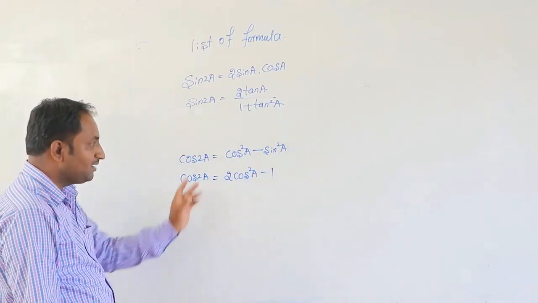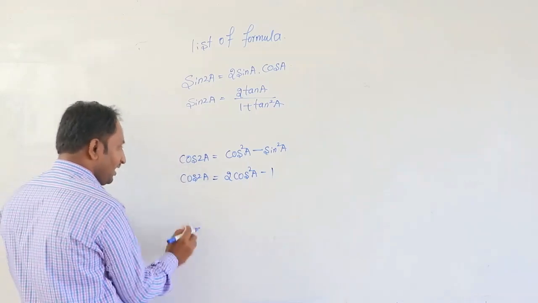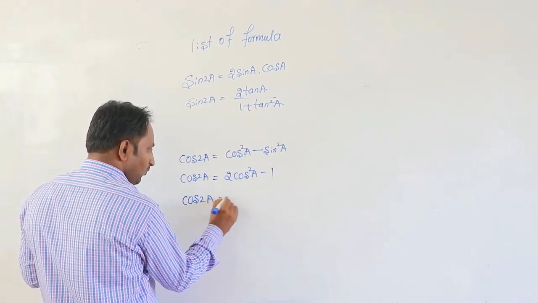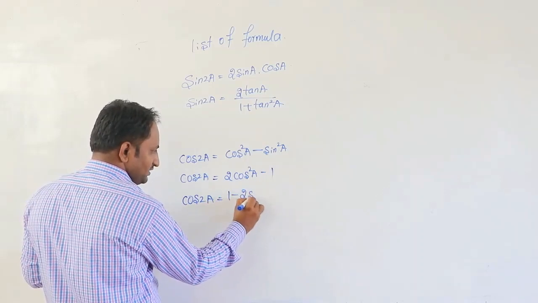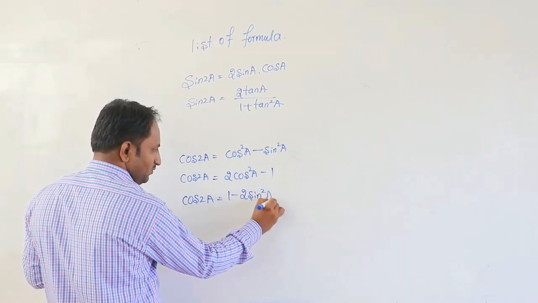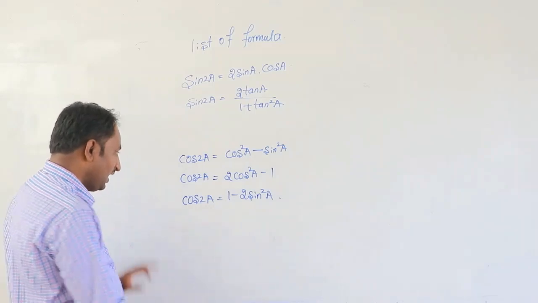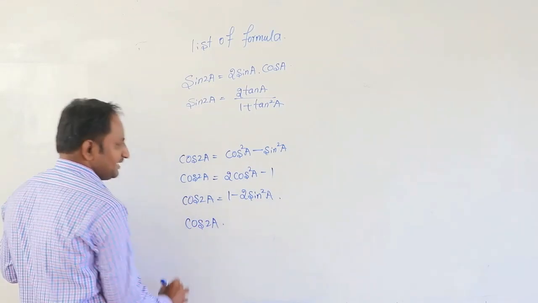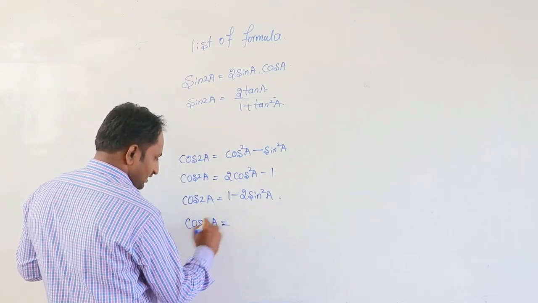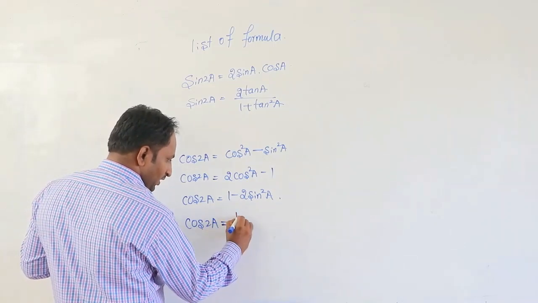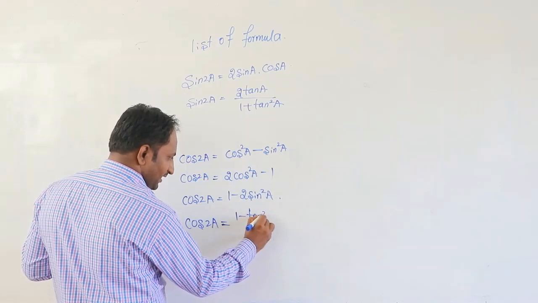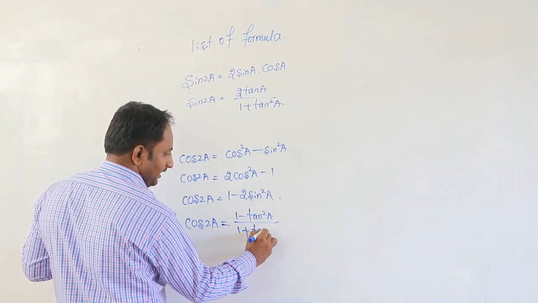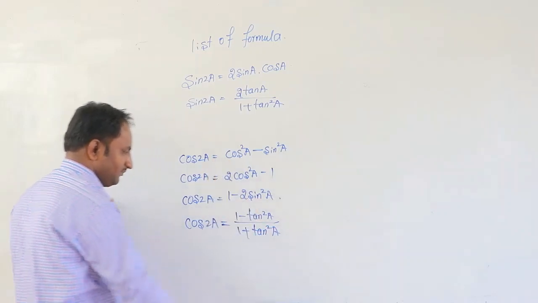Another formula is 1 minus 2 sin square a. The last formula, expressed in terms of tan, is cos of 2a is equal to 1 minus tan square a divided by 1 plus tan square a.